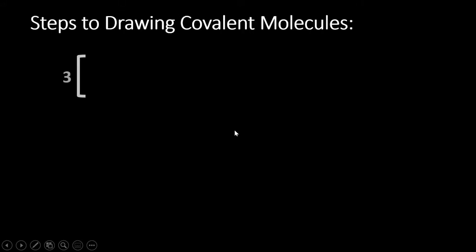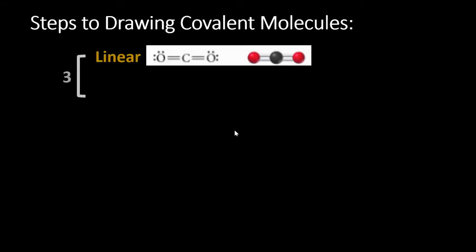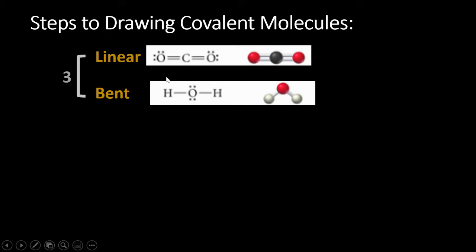So the way to remember this is if there are three atoms involved, it can be either linear or bent. If the central atom has no lone pair that needs space, then it's going to be linear. So this is your carbon dioxide or anything with beryllium, Be, which is the only reason we're teaching you Be, so that we can give you a linear situation. So beryllium only has two valence electrons, so it's going to be linear.